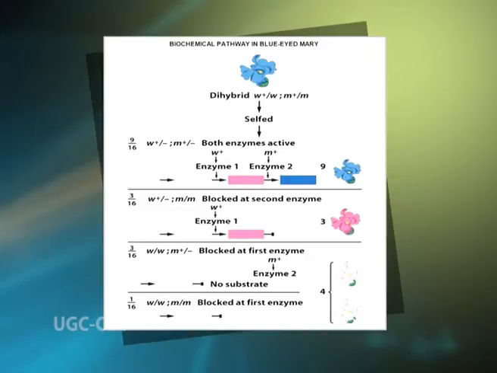Therefore, enzyme 2 is synthesized over here and there is no production of flower color and the flower remains white. And in the last case, only a single white flower is produced, and here no enzymes are produced because W plus as well as M plus are absent. As enzymes are absent, no substrate conversion takes place and the flower color is white.